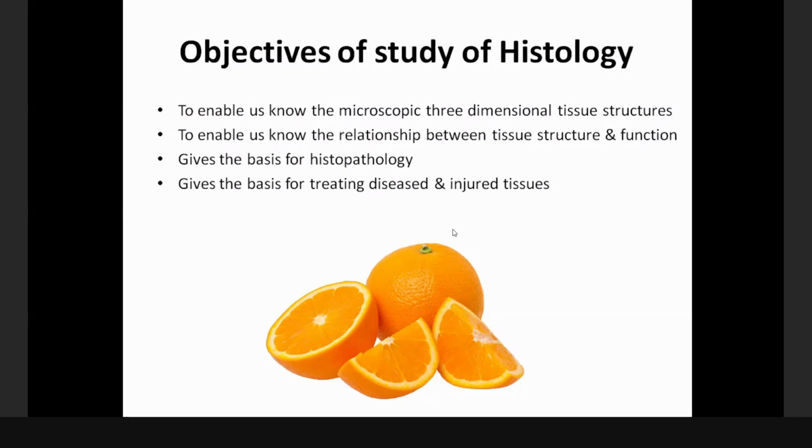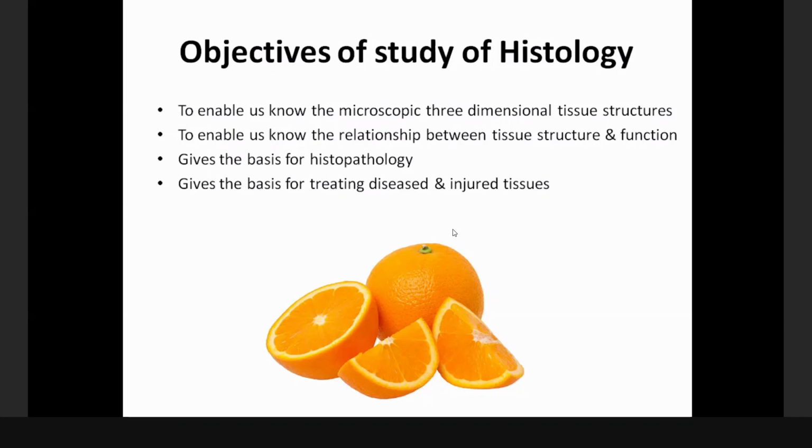The reason why we are supposed to study histology and cytology is because this would enable us to know and understand the three-dimensional tissue structures. Look at this orange. The orange could be representing an organ.